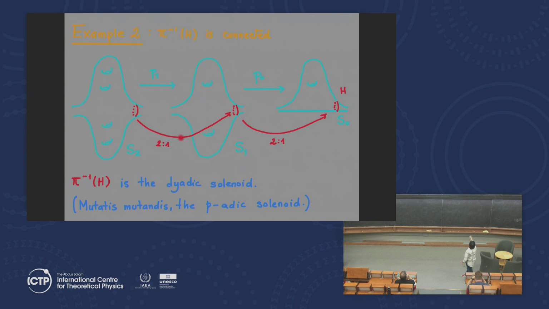I start with this surface here, and H is the closed horocycle associated to this cusp, and I take a 2-to-1 covering that does this. Let's say it turns twice around this guy, identifying this handle with this handle, okay?